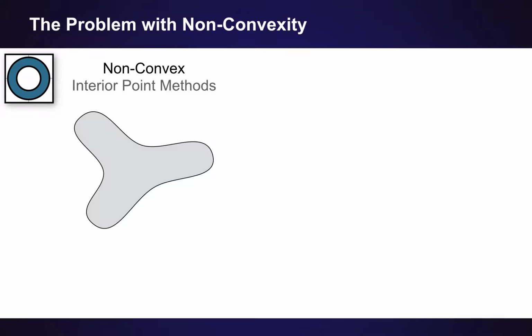Now, what is the main issue with non-convexity? The main problem has to do with how interior point method algorithms work. So here I'm illustrating a general non-convex region. And imagine that you start running your interior point method at two different locations. You'll kind of follow towards the objective until you hit the boundary, and then you'll move off until you get to a local minima, which is indicated by each of these orange lines.